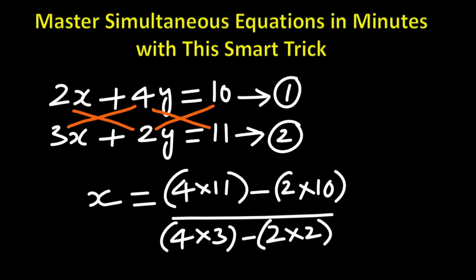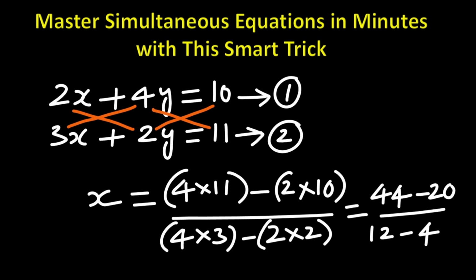Now let's simplify this. 4 times 11 is 44, minus 2 times 10, which is 20, divided by 4 times 3, which is 12, minus 2 times 2, which is 4. Now let's simplify this further and find the value of x.